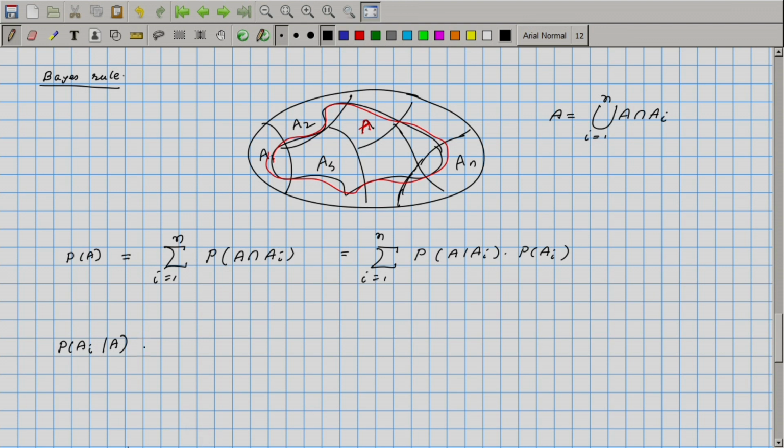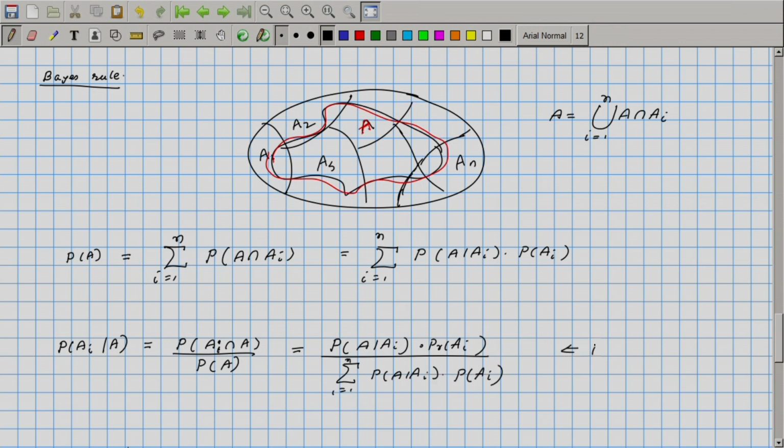So, this can be thought of as probability of AI intersection A divided by probability of A, and for probability of A we can use this formula, and for probability of AI intersection A we can write it as probability of A given AI into probability of AI, and the denominator is summation I going from 1 to n probability of A given AI into probability of AI.